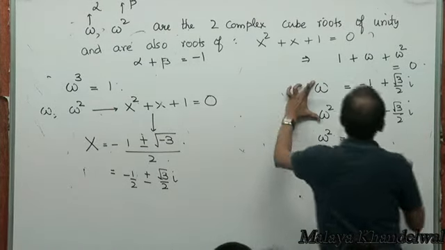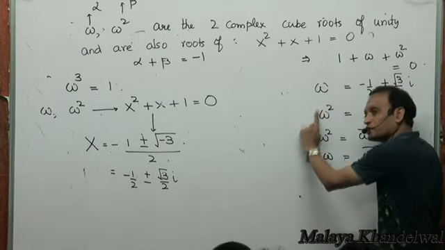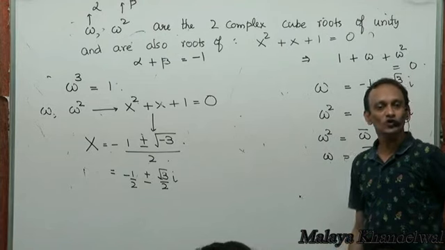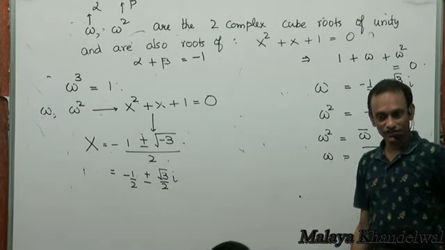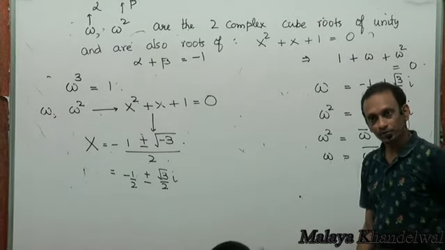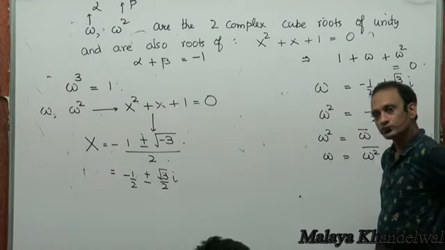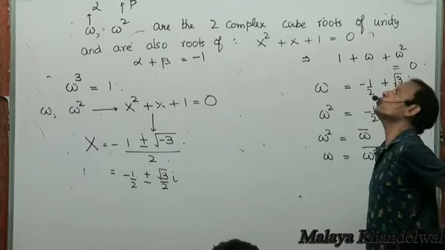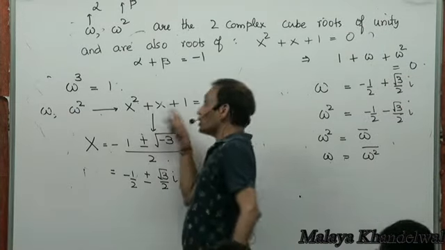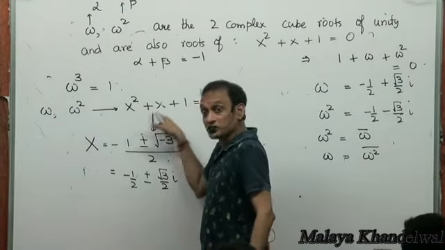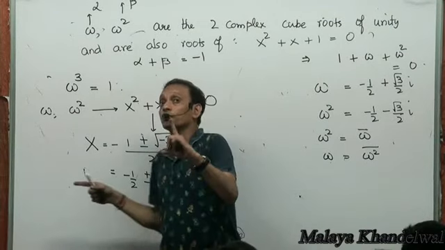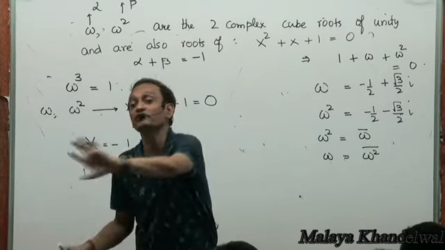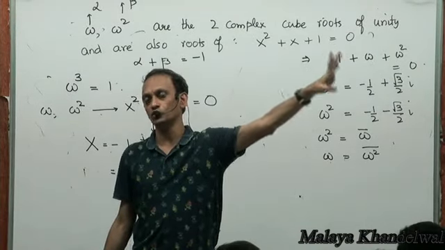So the two complex cube roots of unity, they are not only squares of each other, they are also conjugates of each other, right? If the coefficients are all real numbers, then the two complex roots will be conjugates of each other. They can never be equal.